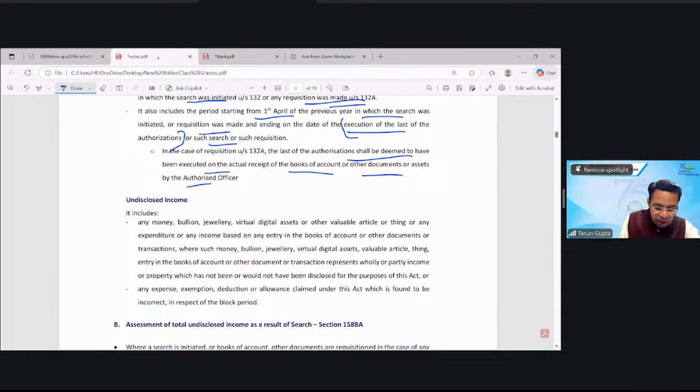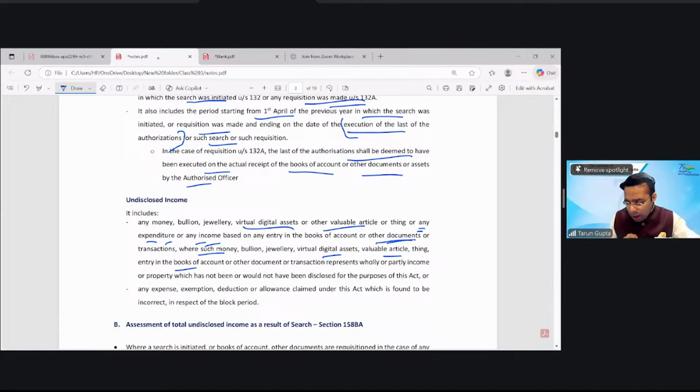It includes any money, bullion, jewelry, virtual digital asset, Bitcoin, etc., or other valuable article or thing, or any expenditure, or any income based on any entry in the books of account or other document or transaction, where such money, bullion, jewelry, virtual digital asset, valuable article or thing, or entry in the books of account or other document or transaction.